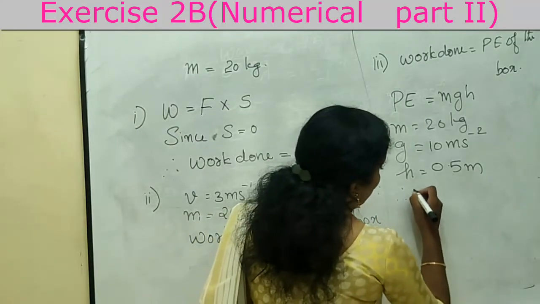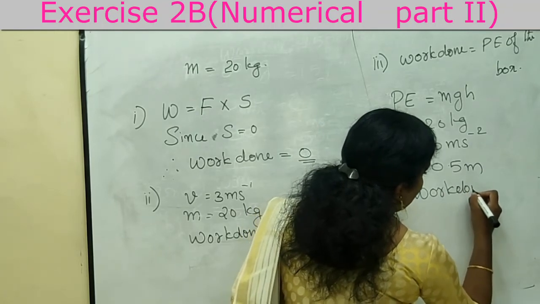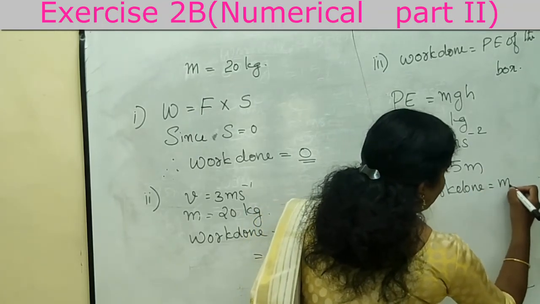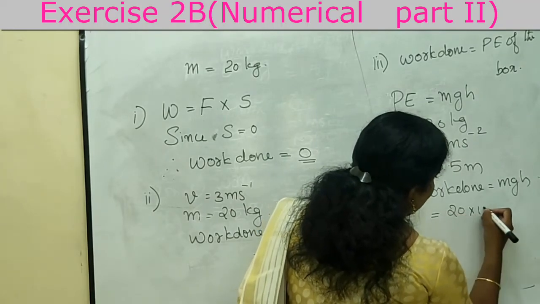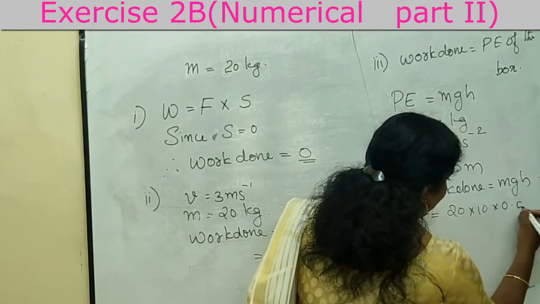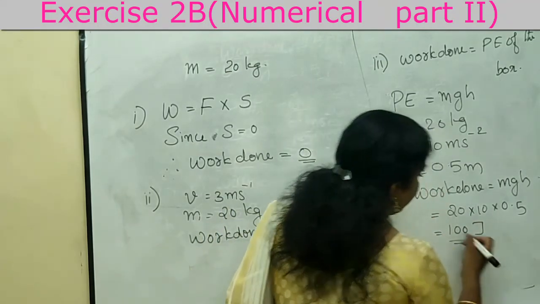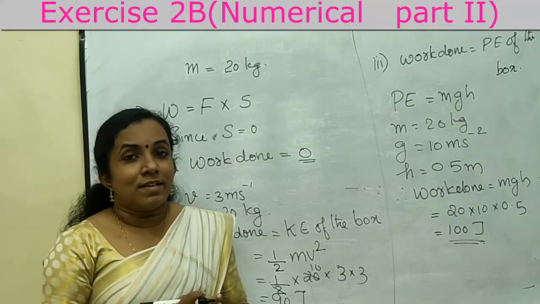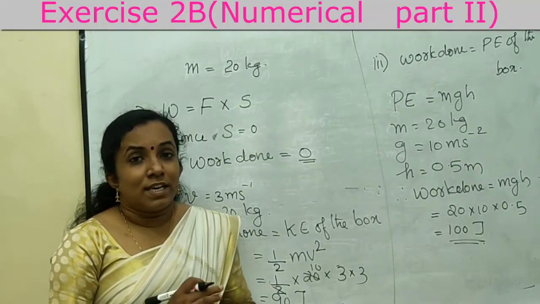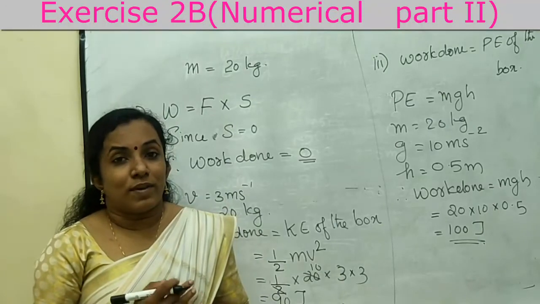Therefore, work done is equal to mgh, which is equal to 20 into 10 into 0.5. So it is 100 joule. In the final section, the work done by the man is 100 joule because it is the potential energy stored in the box. We can move to the last question.